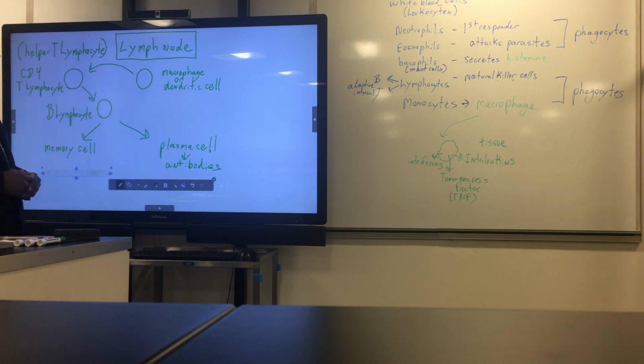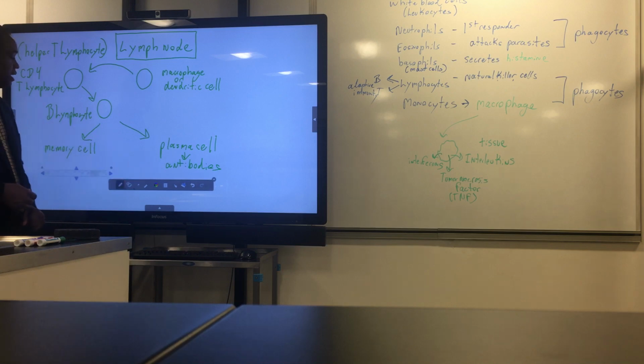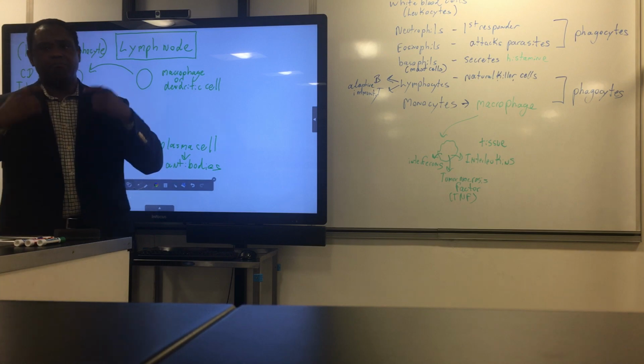What I do want to keep in mind, though, is that what's also happening at this lymph node is not only is mitosis occurring to make what we call plasma cells, which do the destruction in making antibodies, they actually do mitosis to make what we call memory cells. And they don't do anything, but what's great about them is that they're actually going to have a memory.